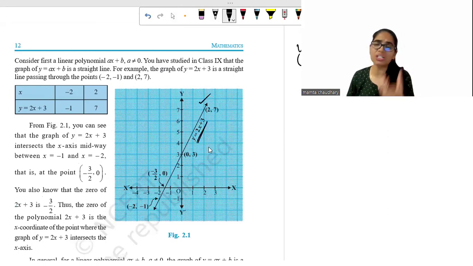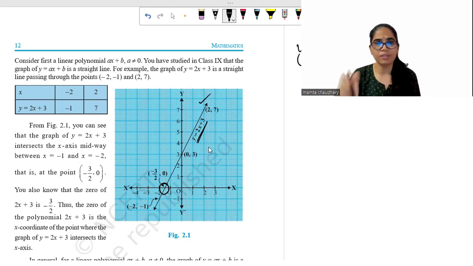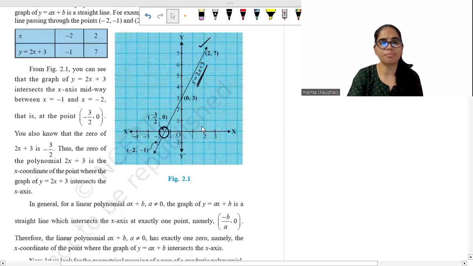How many times is it touching or crossing the x-axis? Only one time. As it is crossing only one time, it will have 1 zero. So the number of zeros for 2x plus 3 is 1. Clear? Now let's take another example.